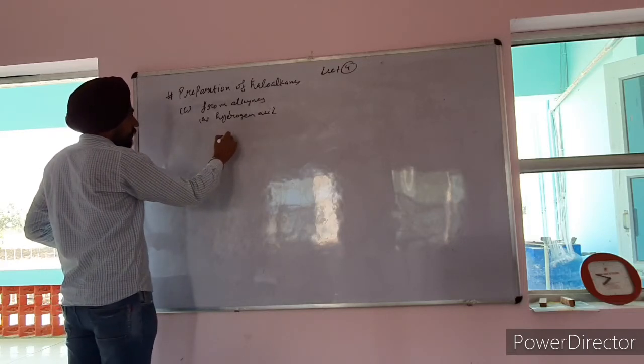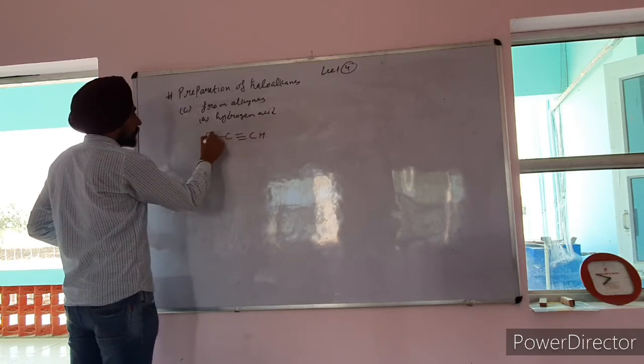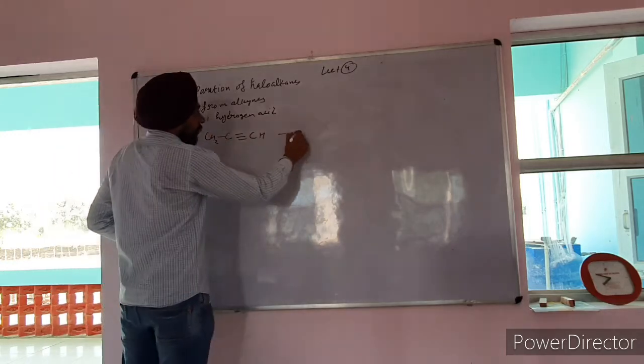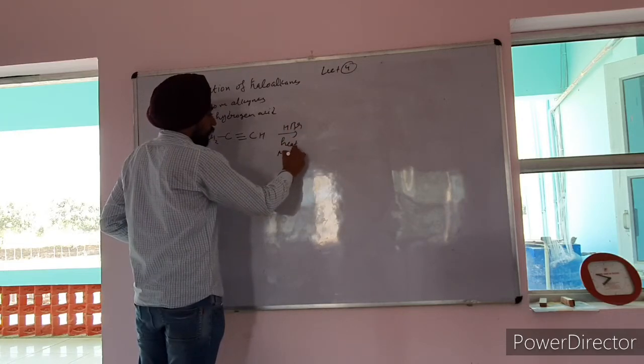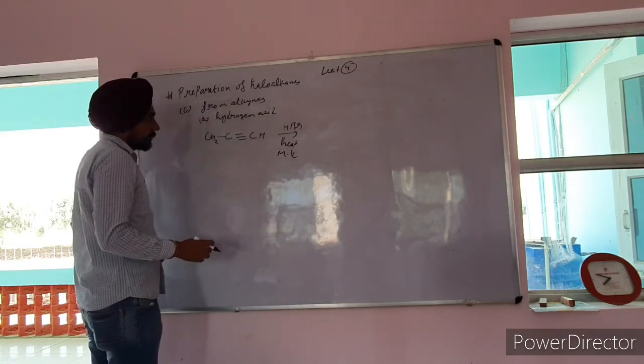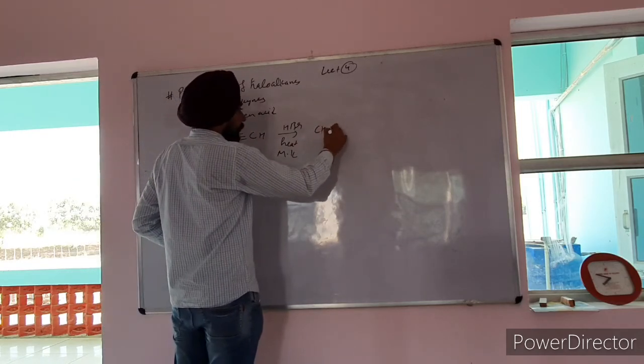But now we take an unsymmetrical alkyne. HBr, heat, again the Markovnikov rule. What is the Markovnikov rule? The hydrogen goes to the carbon with the higher number of hydrogens and the reaction will be like that.